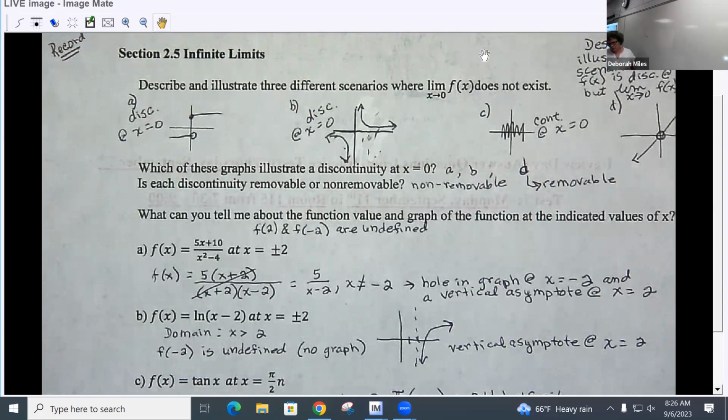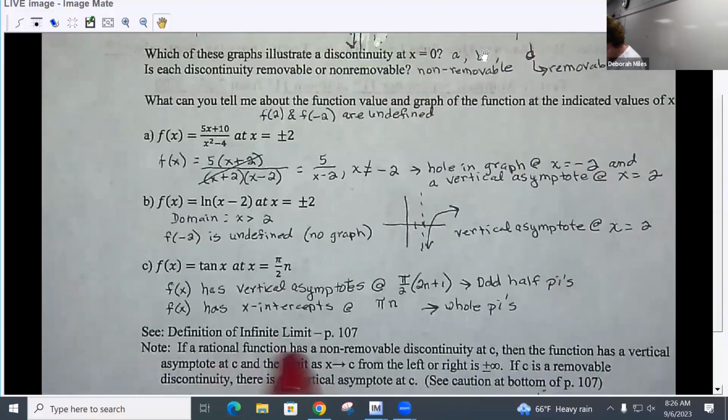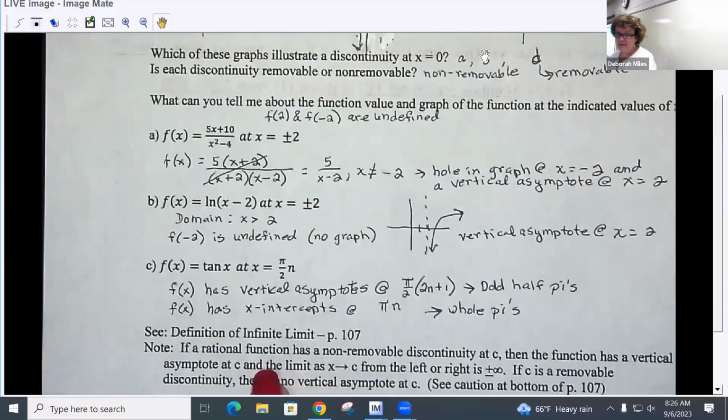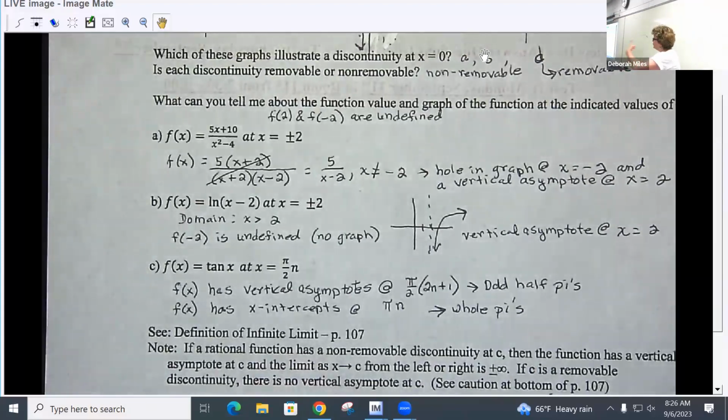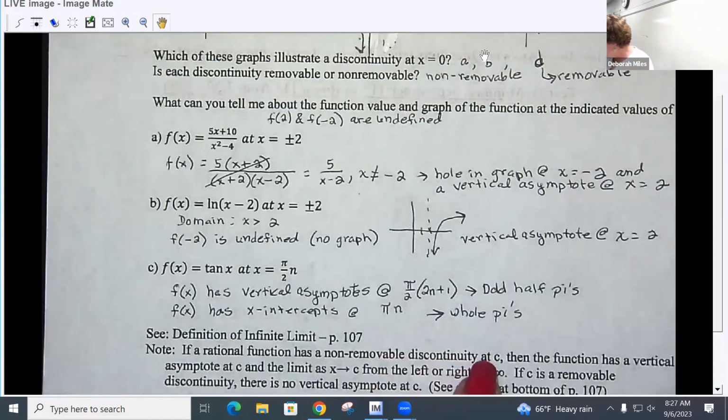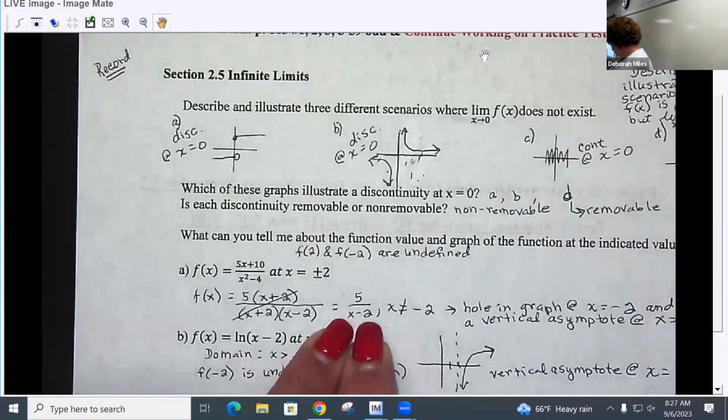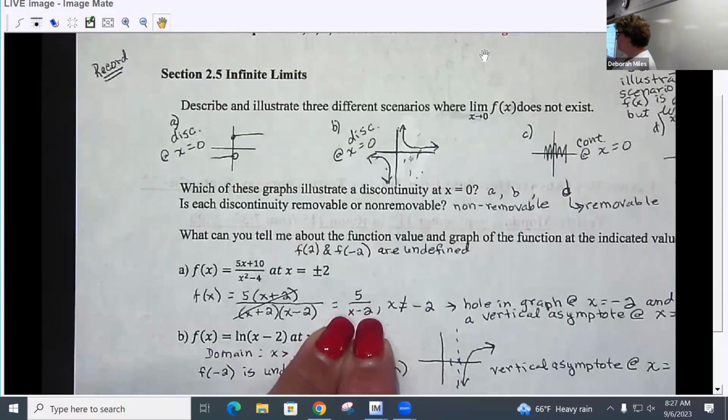What's that one other note I wrote? If a rational function, now remember the definition of a rational function is a quotient of two polynomials. So if you have the quotient of two polynomials and there is a non-removable discontinuity at C, that means there's still a factor in the denominator that you can set equal to 0.